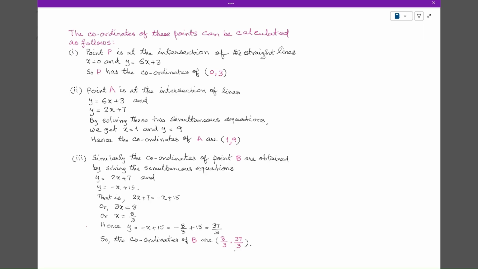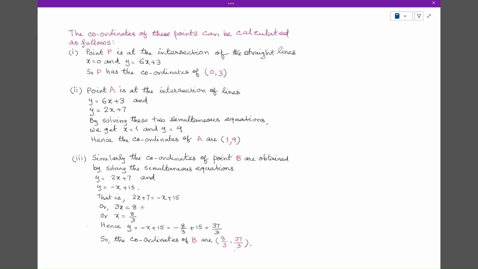Similarly, the coordinates of the point B are obtained by solving the simultaneous equations y = 2x + 7 and y = -x + 15. That is, 2x + 7 = -x + 15.